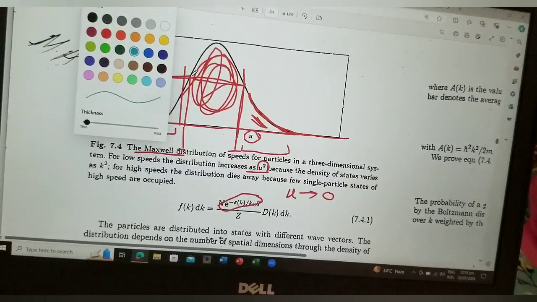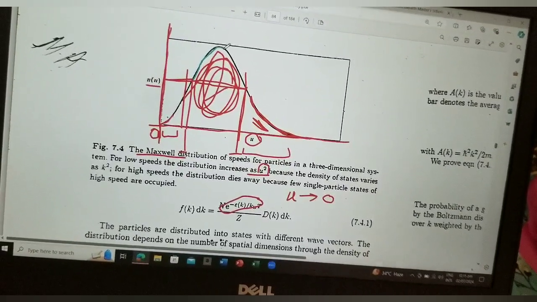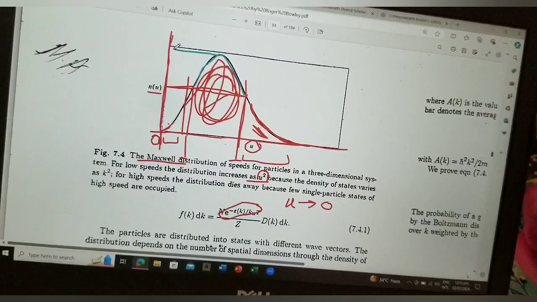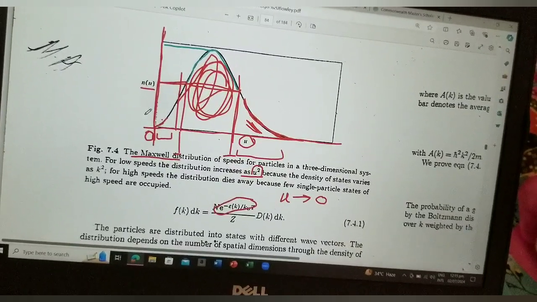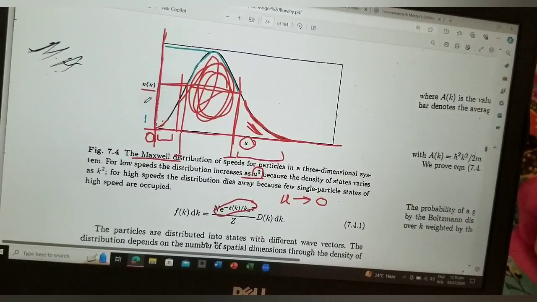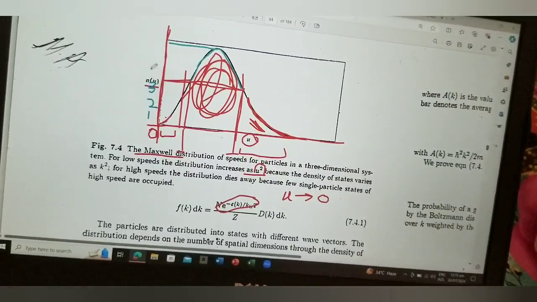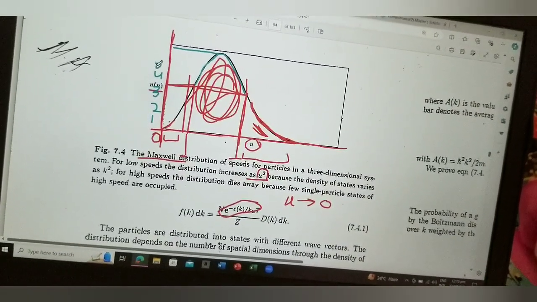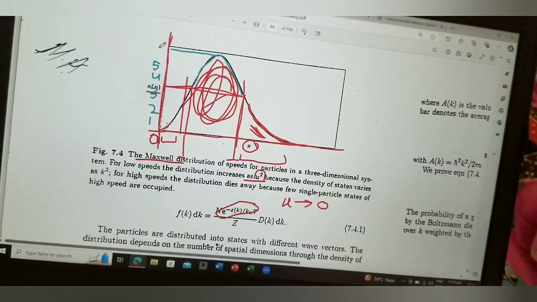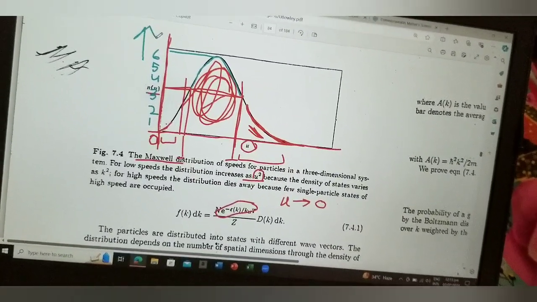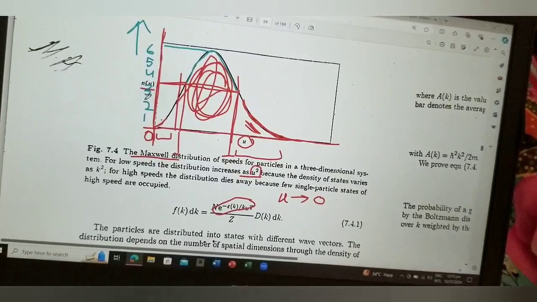Let's say you calibrate the graph to help you understand: 1, 2, 3, 4, 5 and 6, increasing in the vertical direction, showing the number of particles at those velocities.